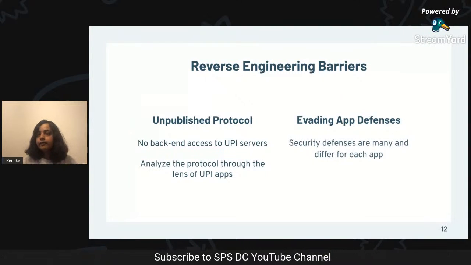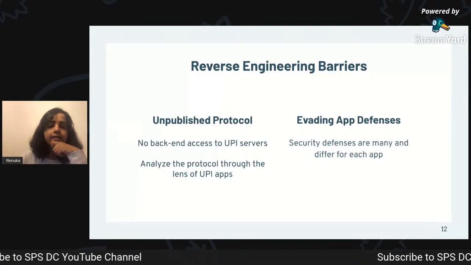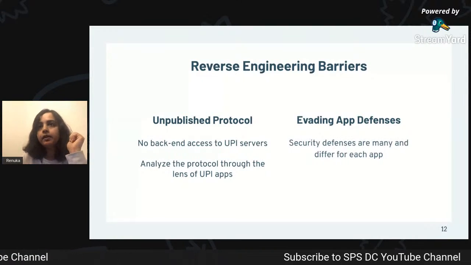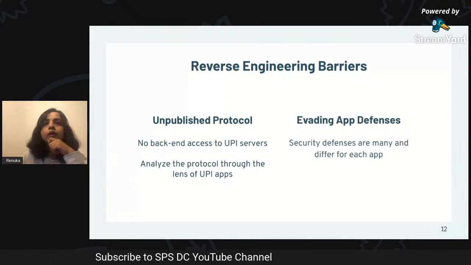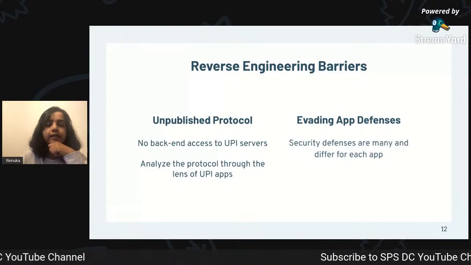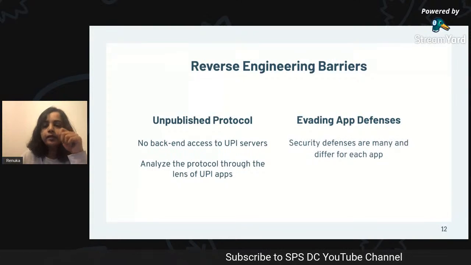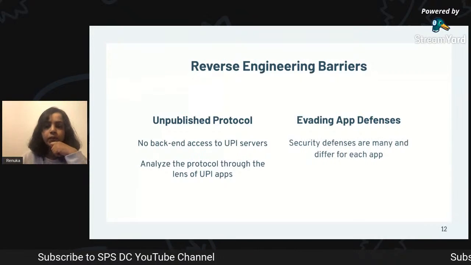Now, there are 2 significant reverse engineering barriers that we had to overcome. First is that the protocol itself was unpublished, and we had no backend access to UPI servers. So to understand the UPI protocol and to extract its detailed handshake, we analyze UPI through the lens of the many UPI apps that are available on Google Play Store.